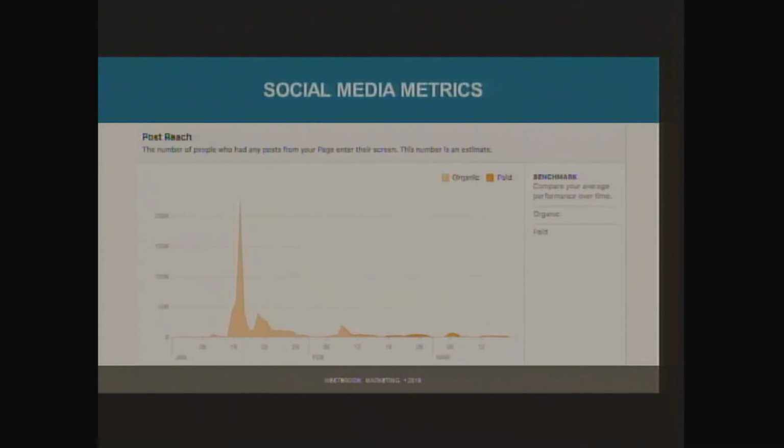And so we reached over 200,000 people then. And this is through Facebook, by the way. And then you can see the darker orange, which is more over here. That's the paid, but the lighter is organic, so no cost.